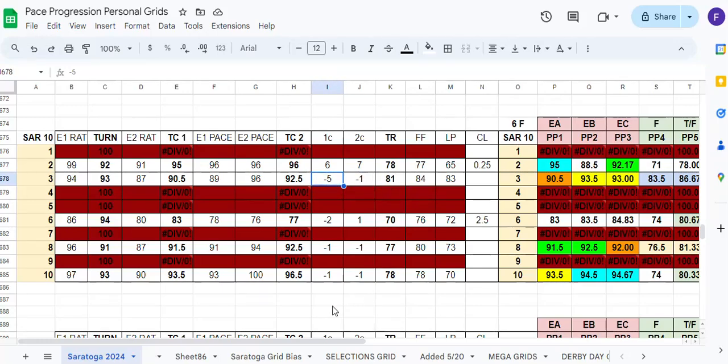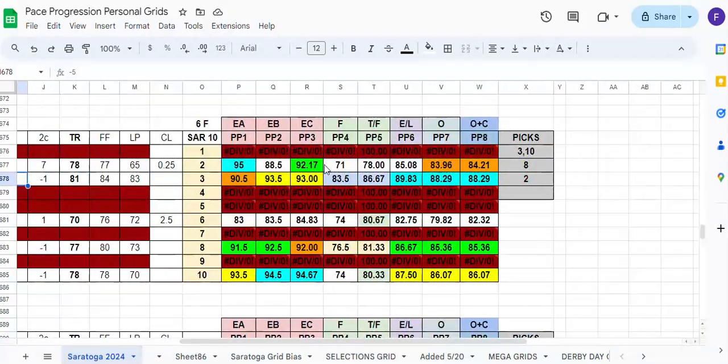So what it's doing is allowing us to create all of these different pace progression ratings. And it's allowed me to separate the early and the middle and late portion of the race, and then see where that contributes to the summative factors, which is the early and mid-late together. Early and then mid-late. And then these are my summative factors.